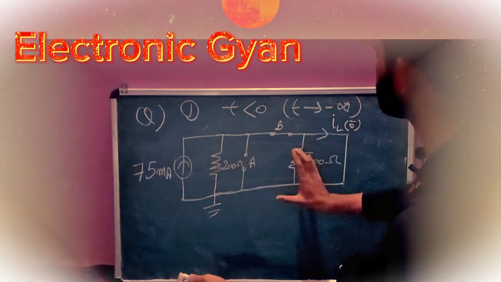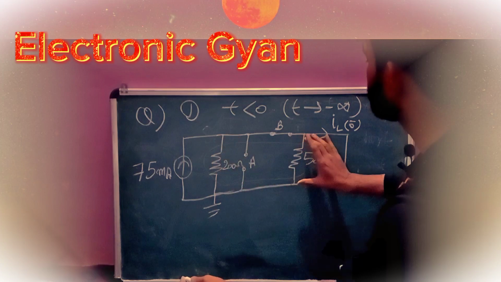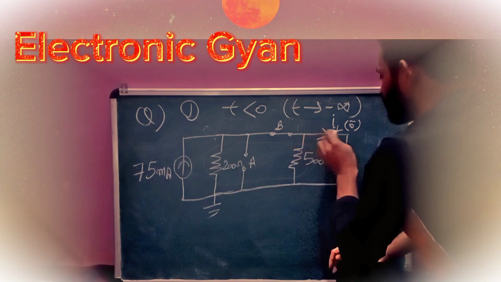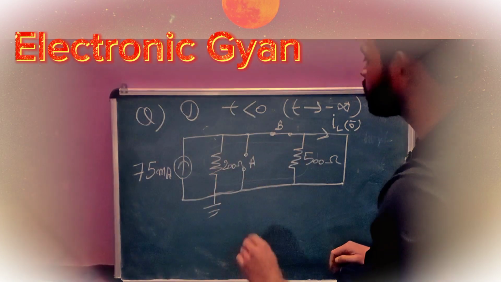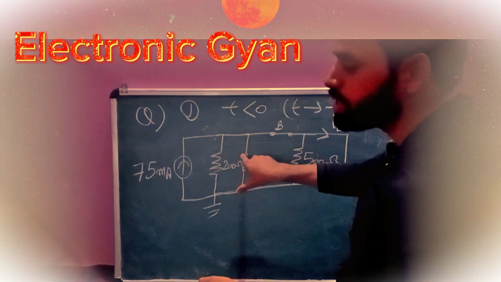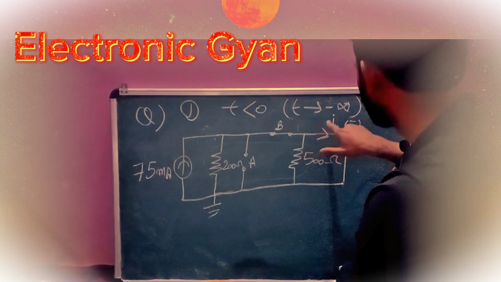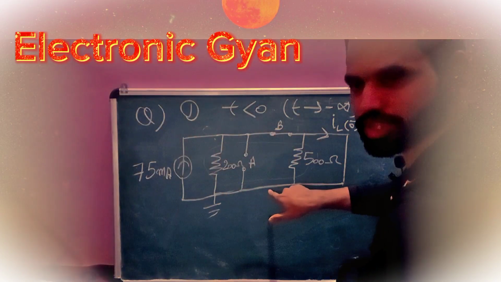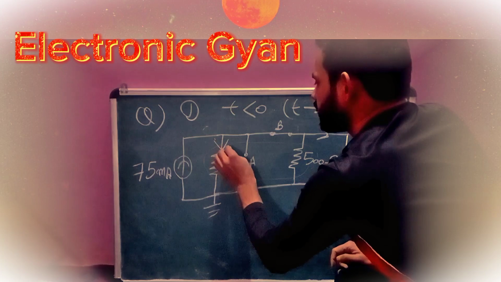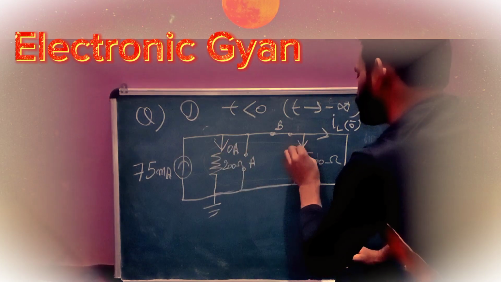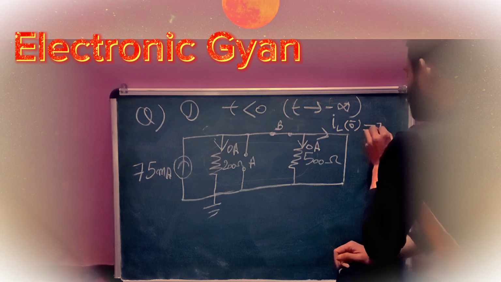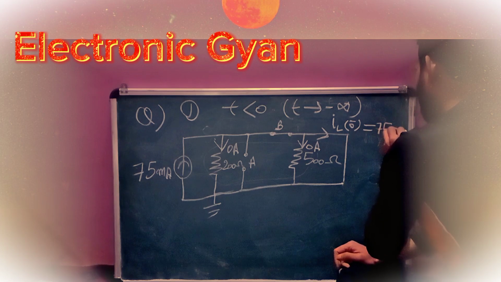The whole current will pass through this short circuit, because you know very well the current always sees the short path to flow. So there is no current at all here; the current is 0 ampere here and also 0 ampere here, and my IL of 0 negative will be equal to 75 milliampere.